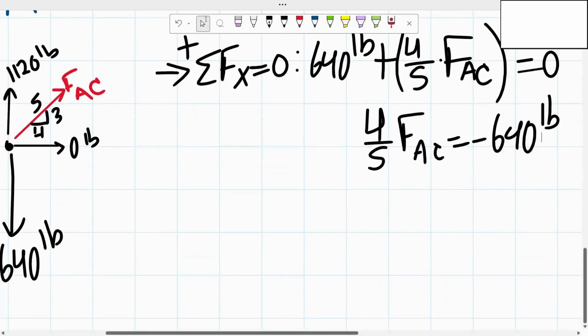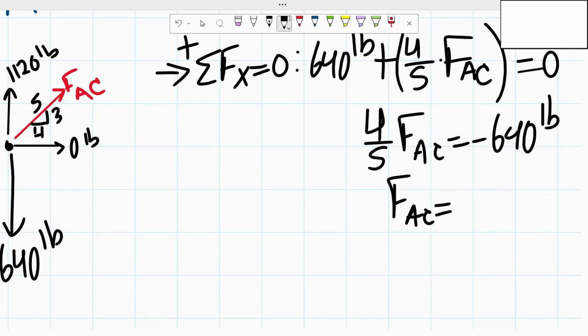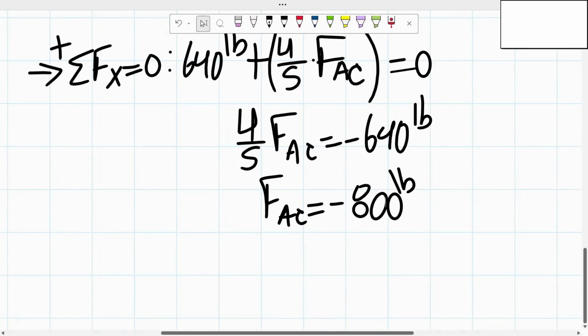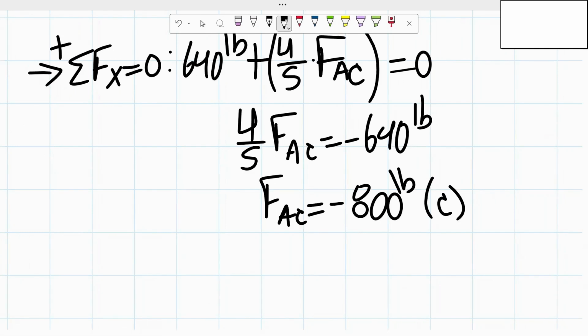From there, if we were to solve for the force of the member AC, we would end up getting a negative 800 pounds. And because this number came out negative, we do know that this member is going to be in compression.